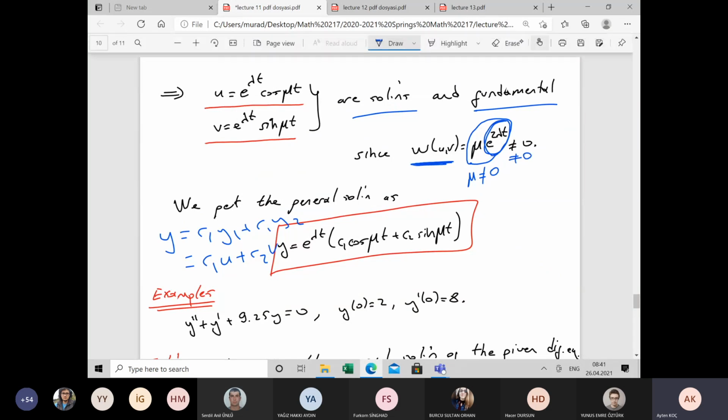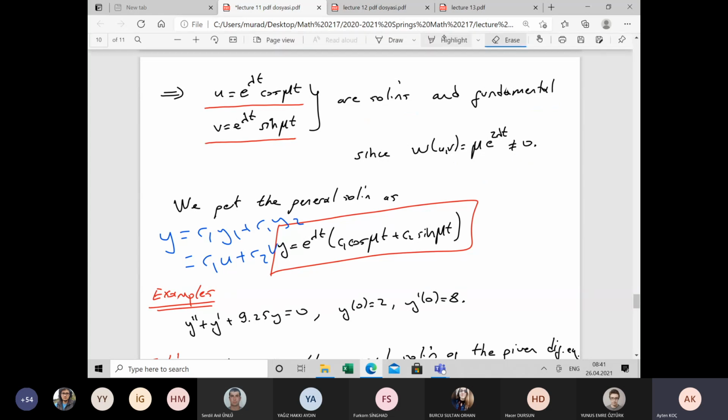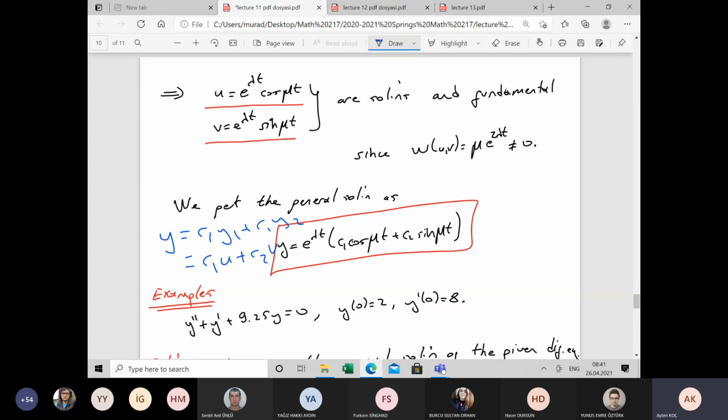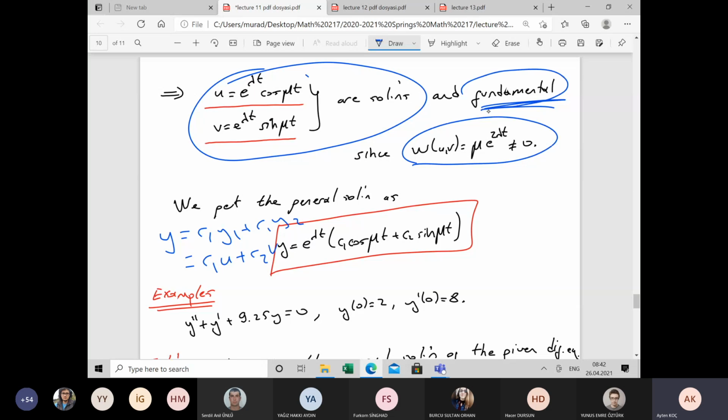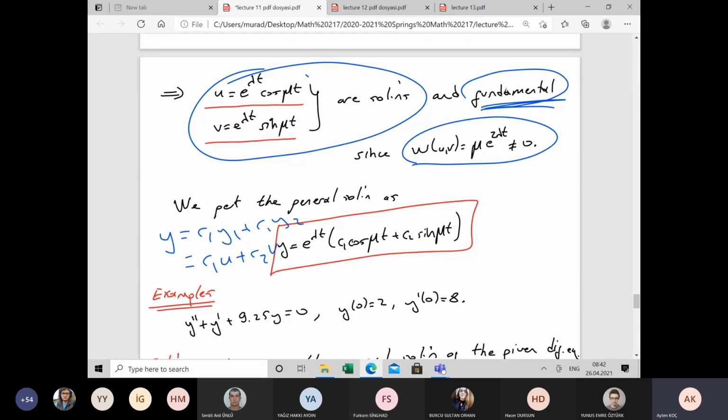A non-zero Wronski determinant means u and v are solutions and these solutions are fundamental. Our differential equation is second order, and we have two fundamental solutions, so we can write the general solution.